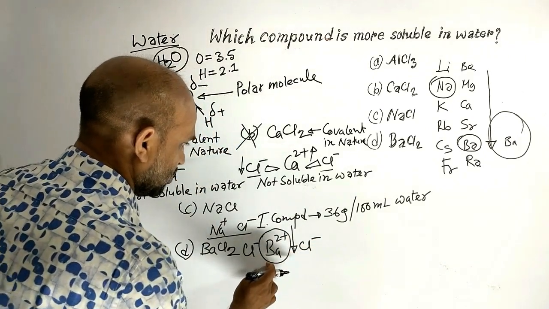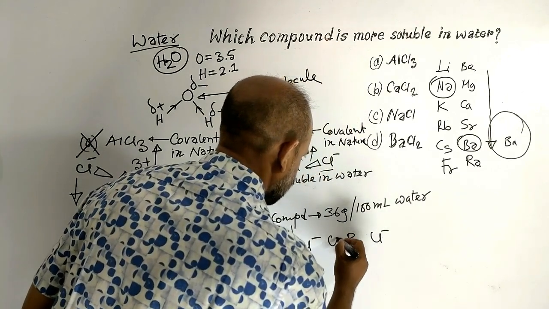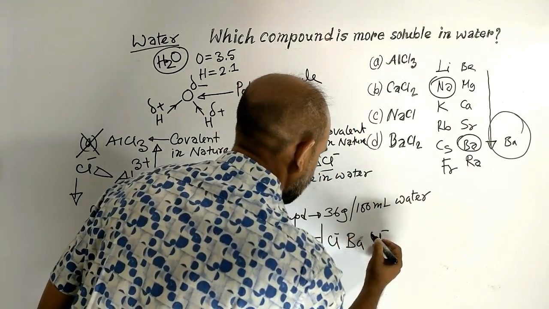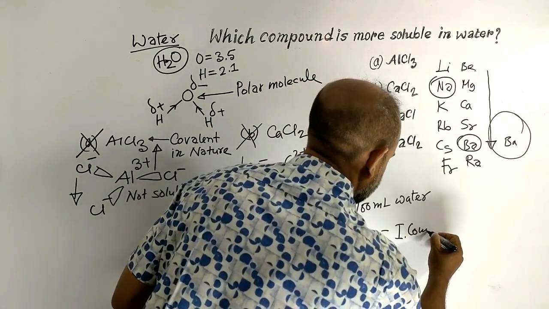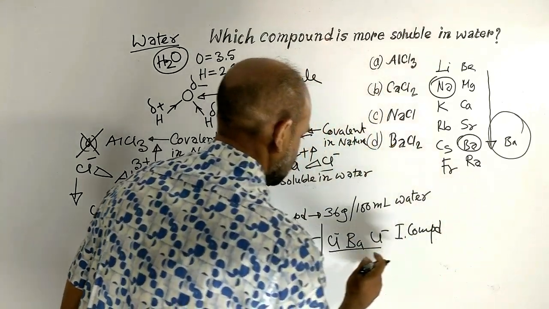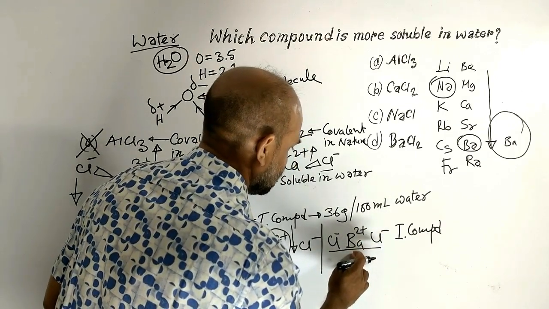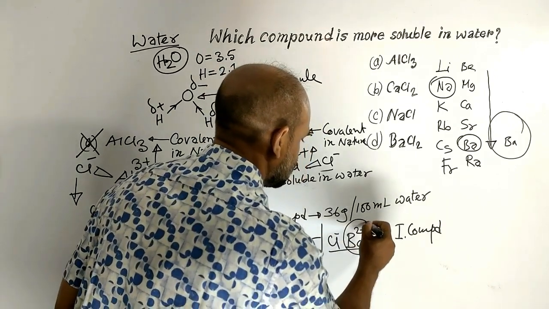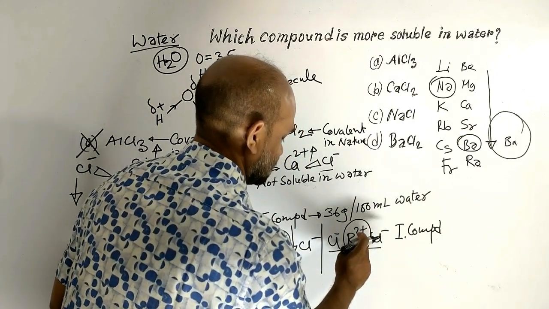As it is very low, it remains as an ionic compound. That is, this is ionic in nature because its charge density is very low due to its bigger size.